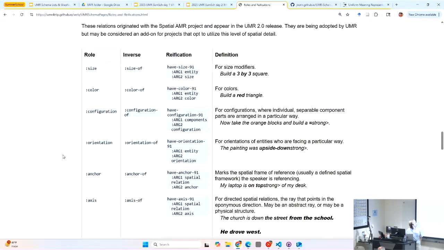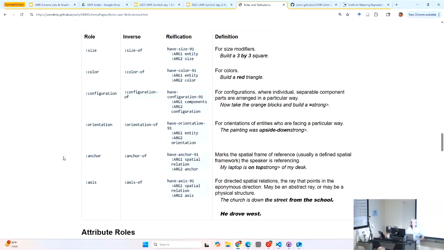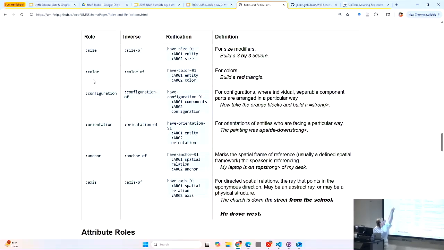These are the spatial roles that we've agreed we can use. They're all roles that were used in the Minecraft dialogue corpus. We do in English have some role sets for colors. If you have a role set for something, but there's also a way to handle it like this, you can really choose for your language how you want to do it. If you have a role set, you can go ahead and use it.